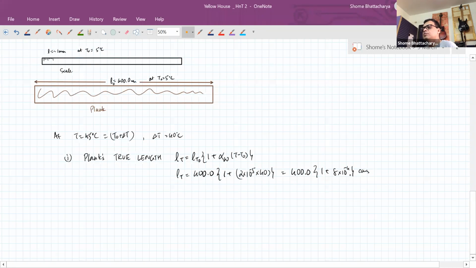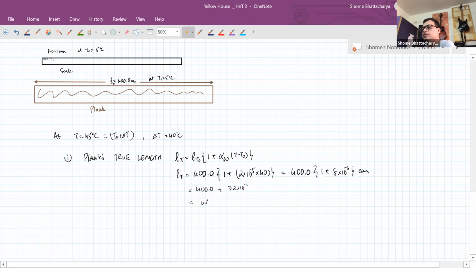So the true length has become 400 plus this much.